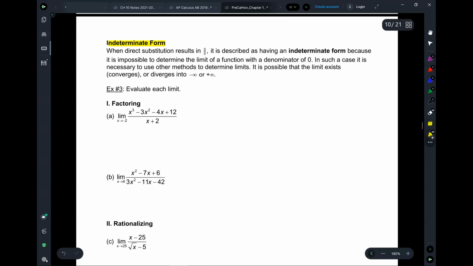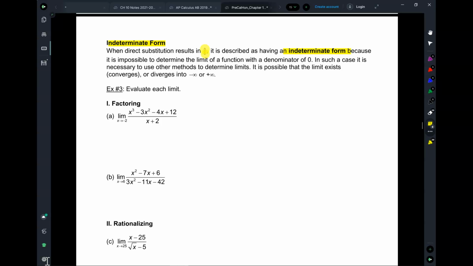When you do this direct substitution, and you get 0 over 0, it's described as having indeterminate form because we don't know what 0 over 0 is. We know that the limit of 3 divided by a very small number is infinite, but 0 over 0, nope. That's not something that we can reason out.